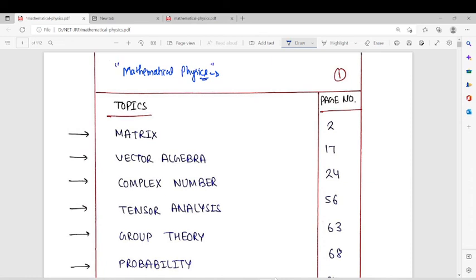There are some topics. One is matrix. Second is vector algebra. Third is complex number. Fourth is tensor analysis, group theory, and probability.